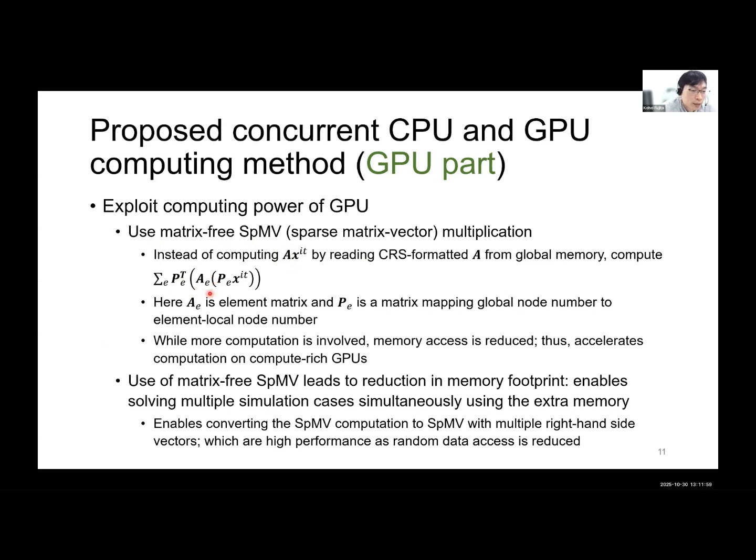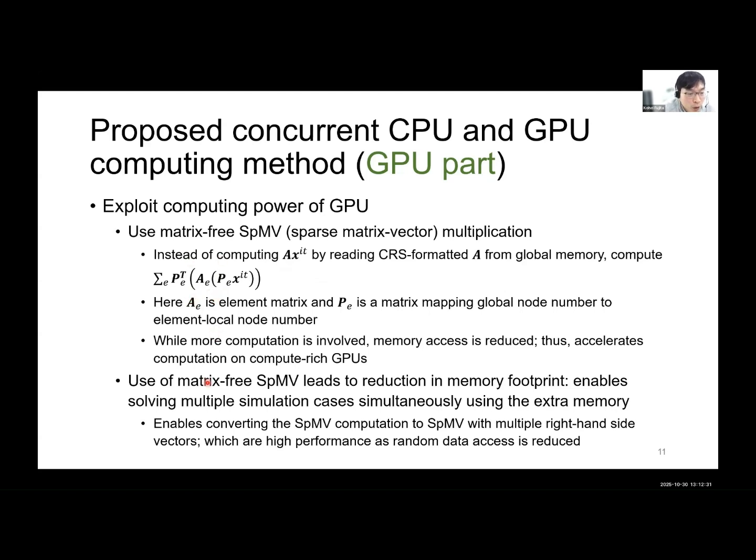And so we can get higher performance on the GPU because this requires less memory transfer from the global memory when compared to the CRS. This, of course, requires more computation, but on recent GPUs, the computation speed is very high. So by reduction of memory transfer, we can get a shorter elapsed time for the sparse matrix vector product.